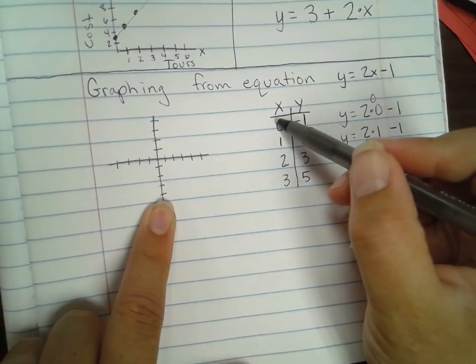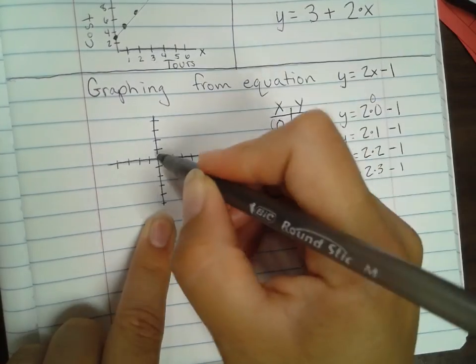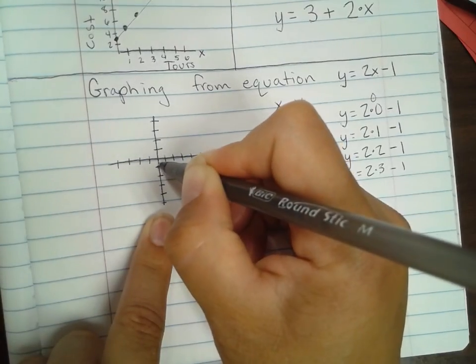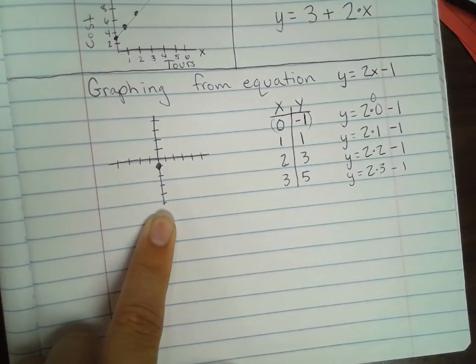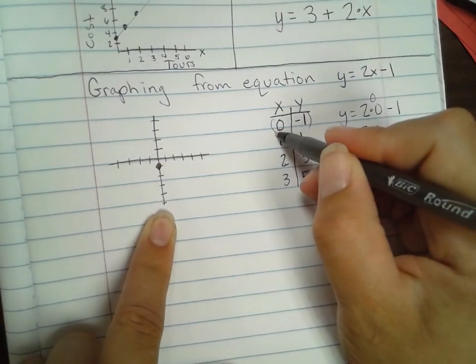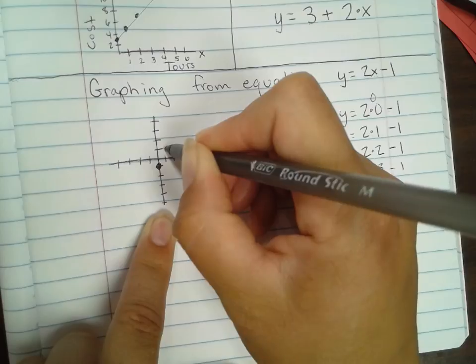So let's now find these. These are just ordered pairs. So 0, -1. I go to 0 on the x-axis, -1 on the y. I'm going to put a dot right there. 1, 1. So I'm going to go to +1 on the x, +1 on the y.